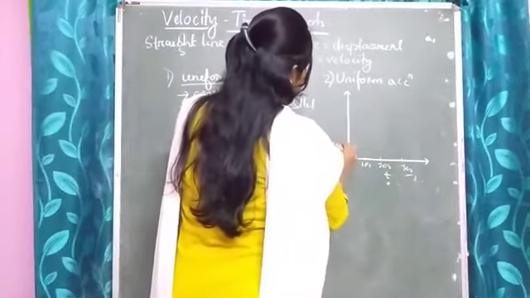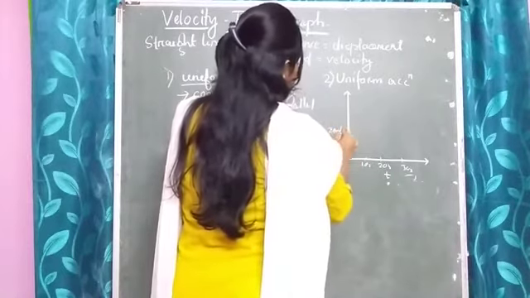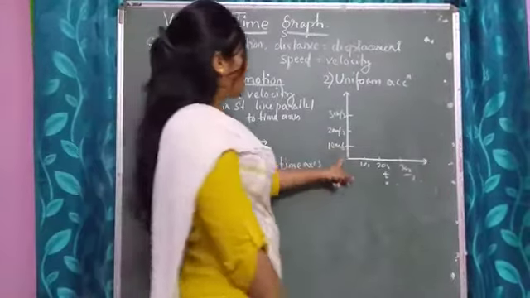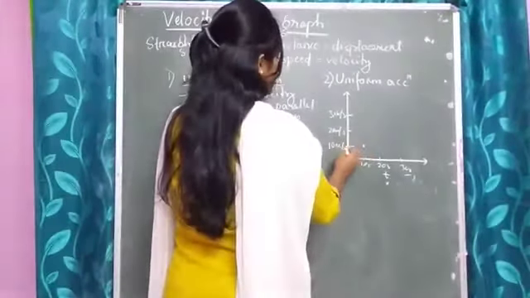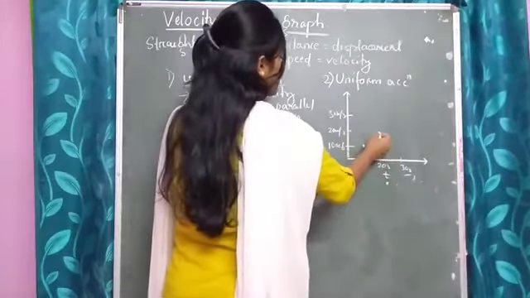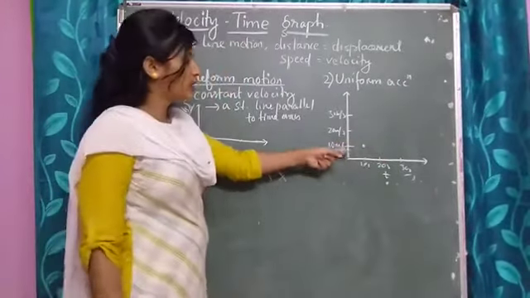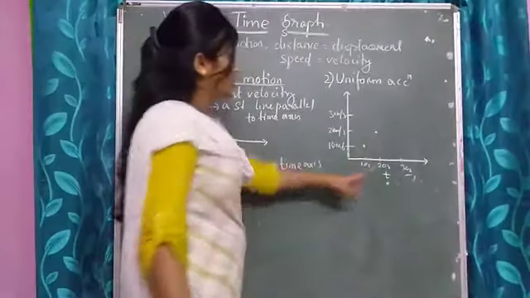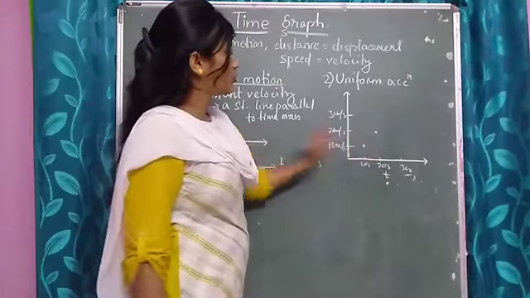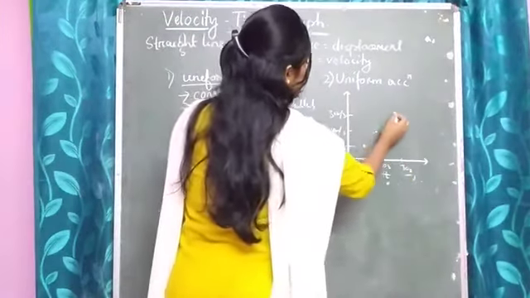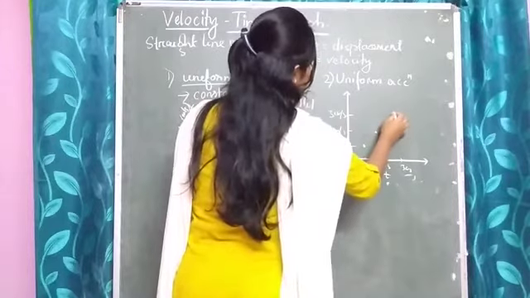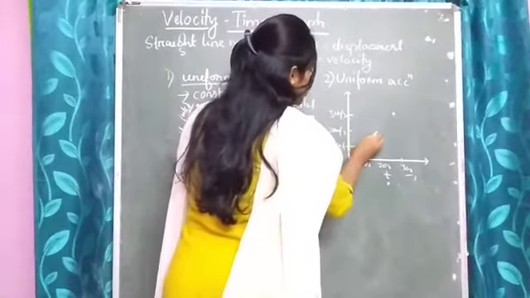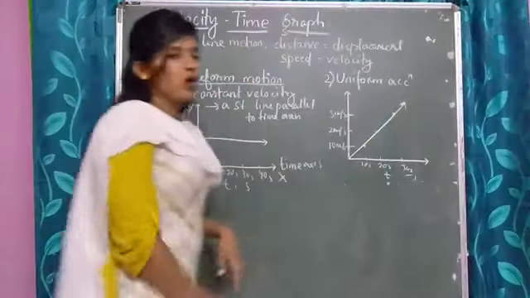Suppose it is 10 meter per second, 20 meter per second, 30 meter per second. That means at 10 seconds the velocity will be 10 meter per second, at 20 seconds 20 meter per second, and at 30 seconds again an equal increase, 30 meter per second. So now the nature will be a straight line passing through origin.